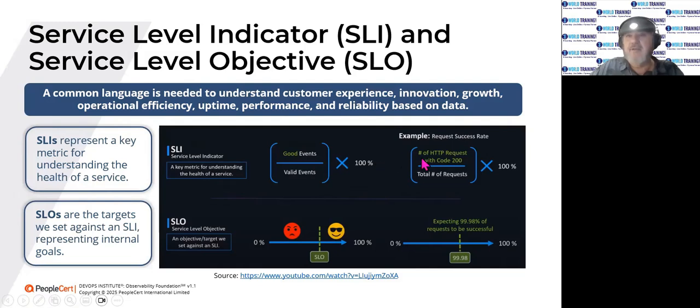An example would be the number of HTTP requests with code 200 over the total times 100%. By the way, I see an error here. It's not just valid events, it's total events.